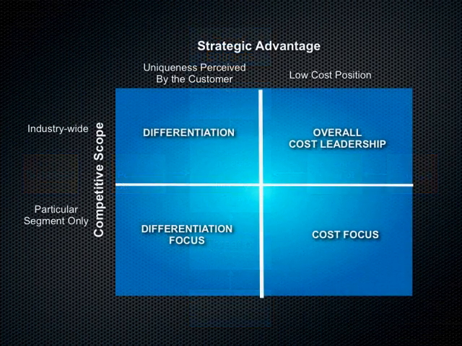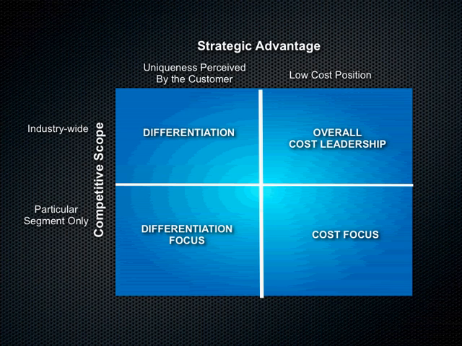Now we extend this to Porter's generic strategies, and essentially Porter has created three generic strategies. The top is a kind of 2x2 model. In the top left-hand corner is labeled differentiation.